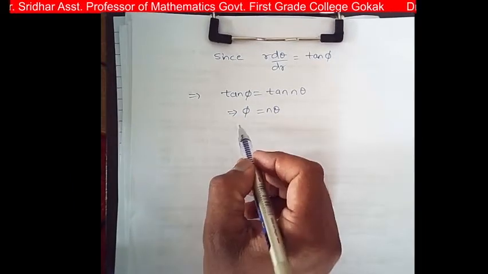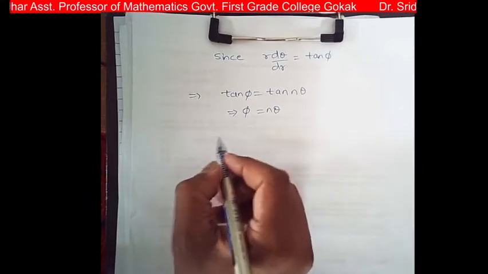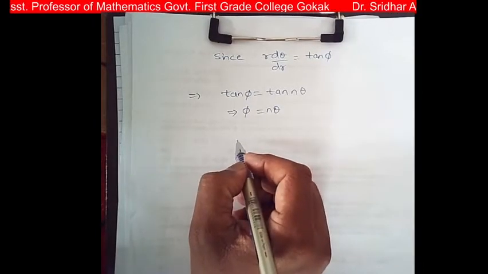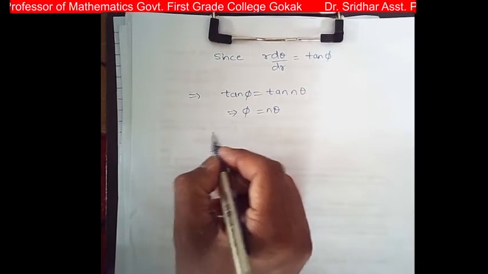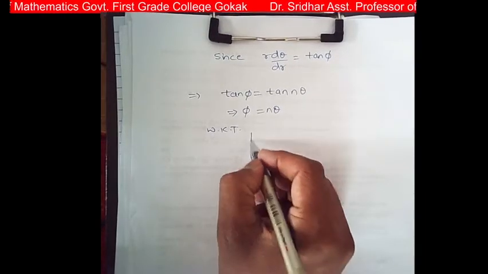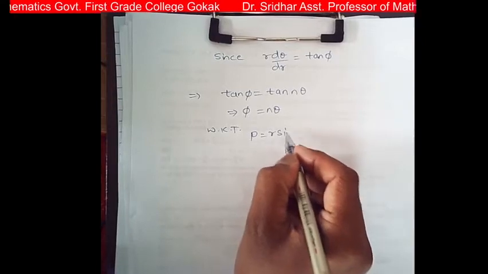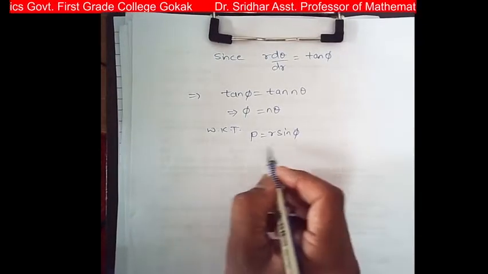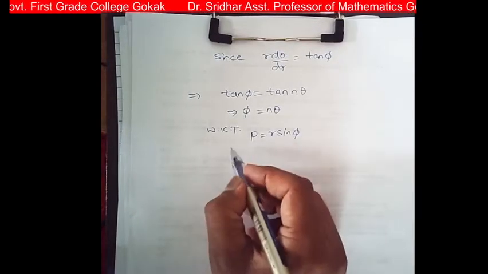Now we got this. By using the length of the perpendicular formula, we know that P is equal to r sin phi. This is the length of the perpendicular.